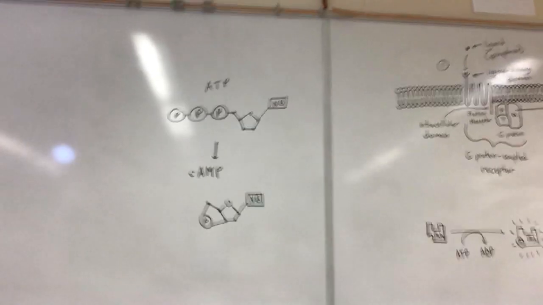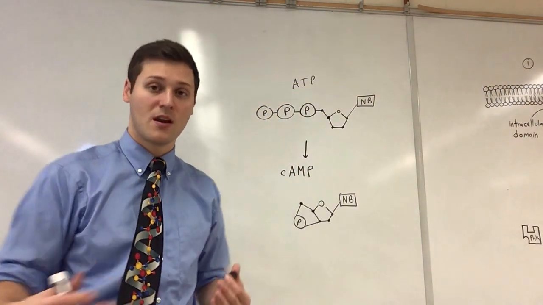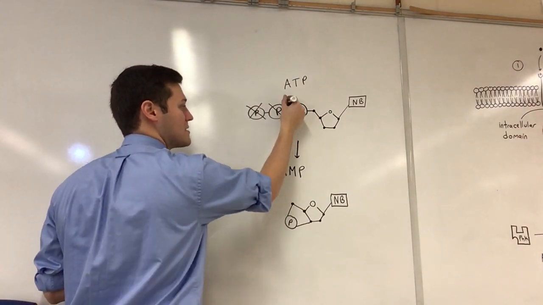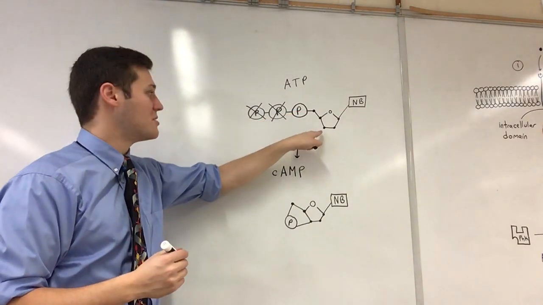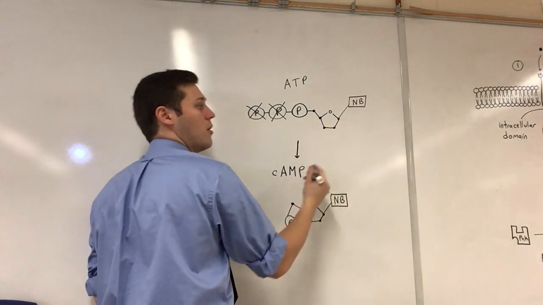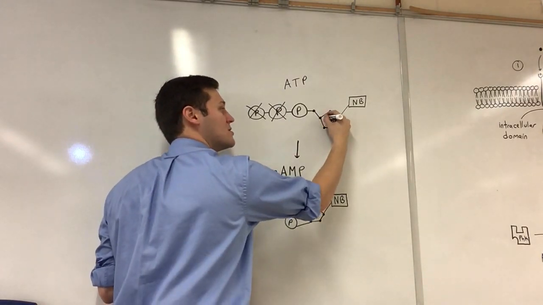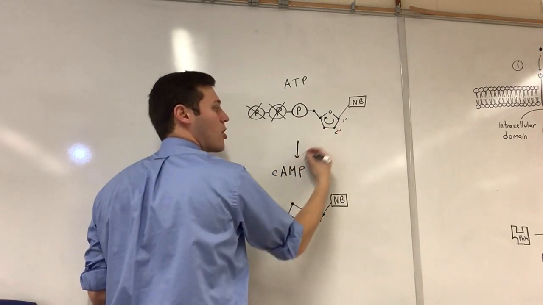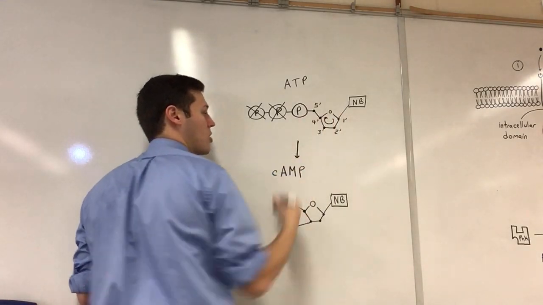if we go over here, you can kind of get a better sense of how cyclic AMP is formed. So we have ATP. ATP loses two phosphates, and then this one phosphate ends up reforming a bond with this carbon of the central sugar molecule. And if you recall, the sugar molecule has carbons that we number in a clockwise fashion. So this carbon right here is the first prime carbon, 1 prime. This is the 2 prime carbon, 3 prime carbon, 4 prime carbon, and 5 prime carbon.